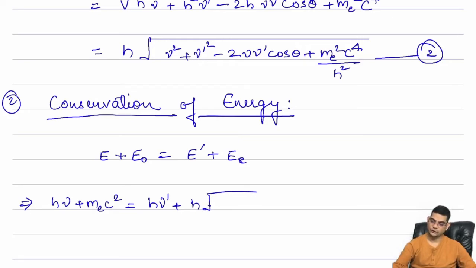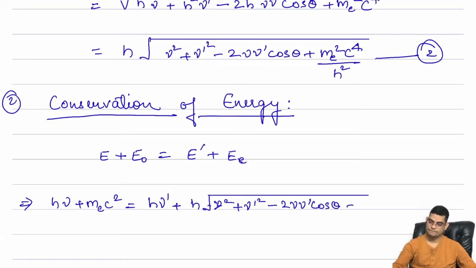So that is equal to h root of nu square plus nu dash square minus 2 nu nu dash cos theta plus me square c to the power 4 by h square.